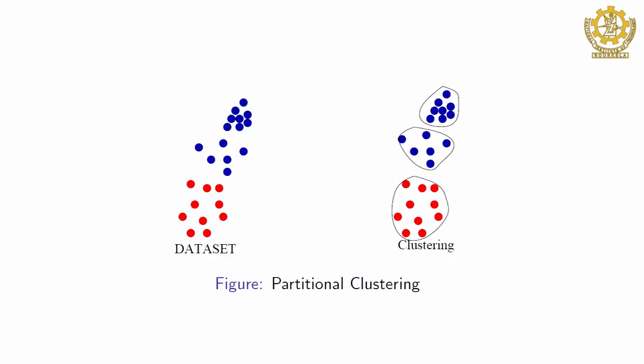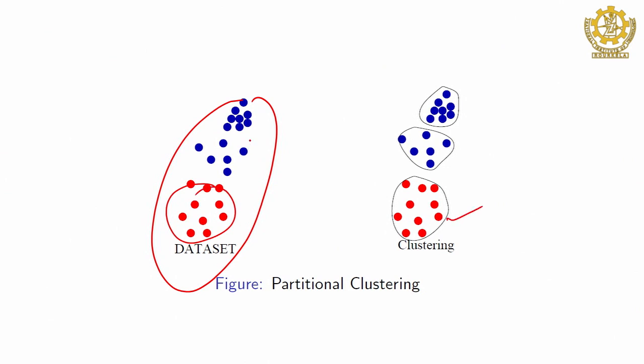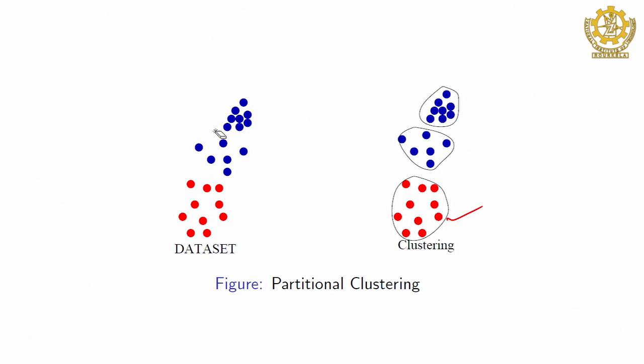This is one example. You have the data set, so you get one clustering. This red is forming one cluster and this is forming two clusters. This is highly possible, because we put the red and blue colors here, but we do not know the class level. So when we apply the clustering techniques, we ended up with 3 clusters.